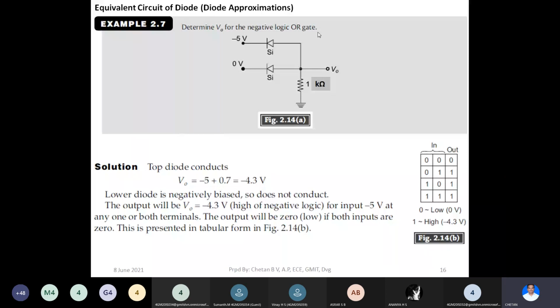Now, if I say that a circuit is working using negative logic, it means that logic 1 is represented by minus 5 volt, right? Be careful with this. Negative logic means logic 1 or simply 1 for a digital circuit is represented by minus 5 volt, and 0 for the logic circuit is represented by again the same 0 volt.